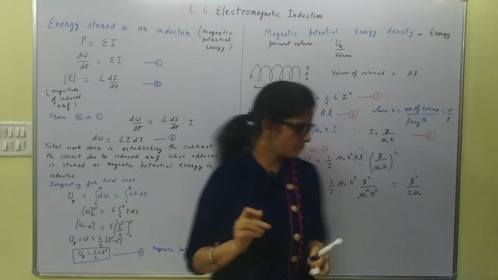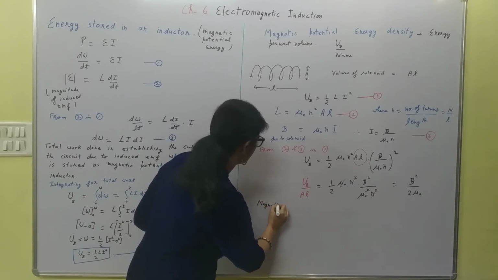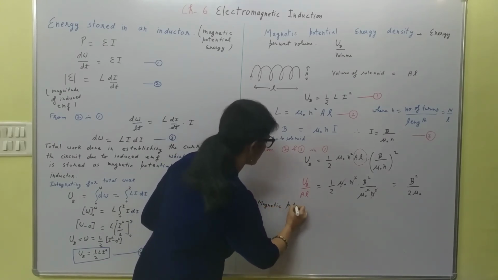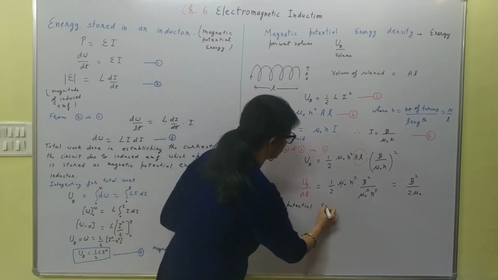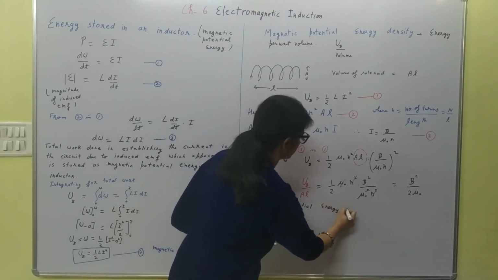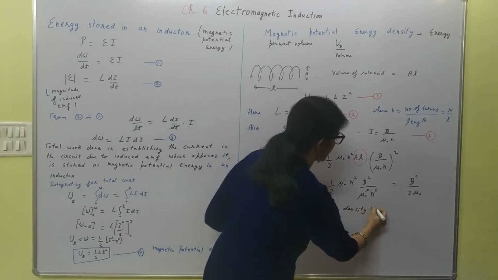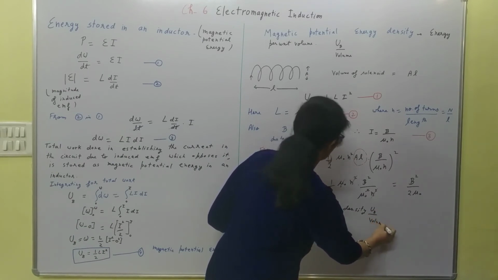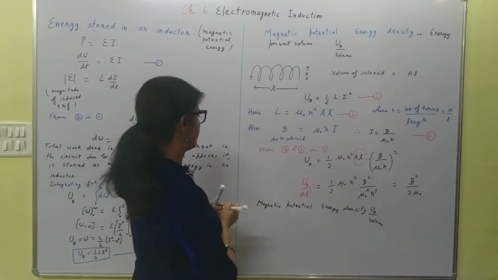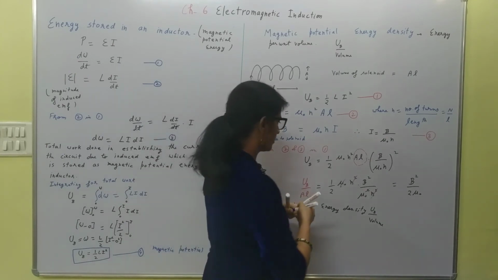So you can write down finally that magnetic potential energy density, or simply energy density, that is UB upon volume. Why? Because this AL is volume.